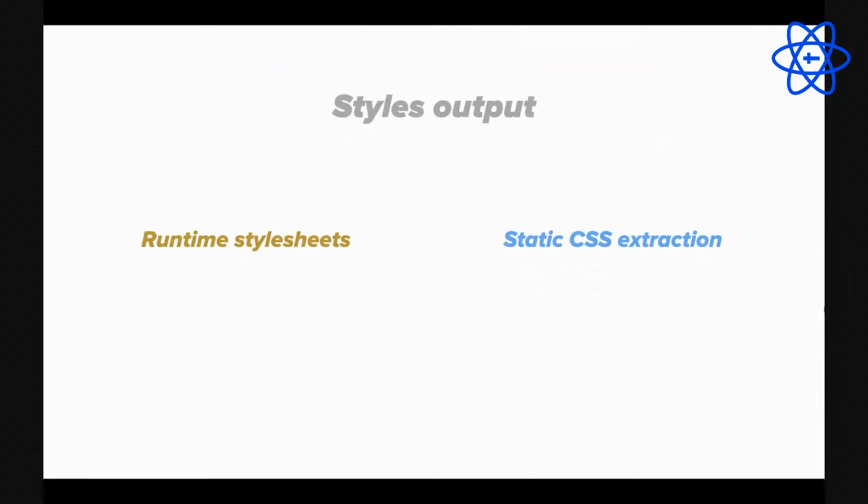But as a general conclusion, at least my own conclusion, looking at this mental model that I have created for these two methods, is that I look at runtime stylesheets as more suitable for client-side rendering and single-page applications, when we are not required to ship that critical CSS along with the HTML file.